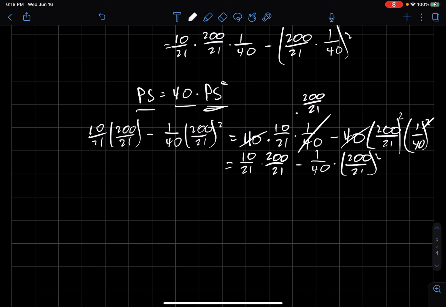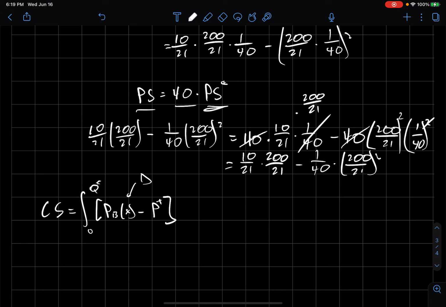So let's turn now to consumer surplus. So consumer surplus is just the integral from 0 to Q star from the price for the buyer as a function of X, which is our demand curve, to, in this case, our equilibrium price.